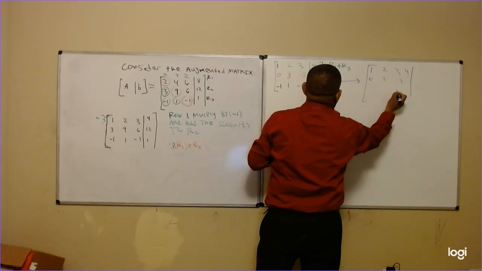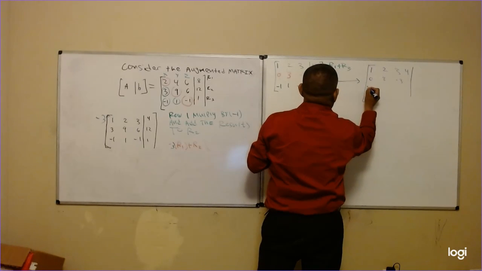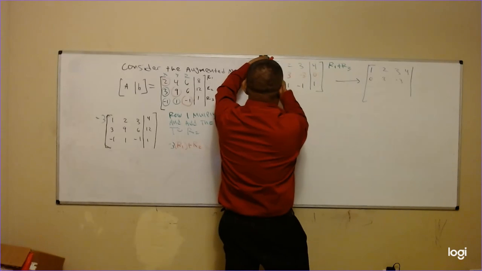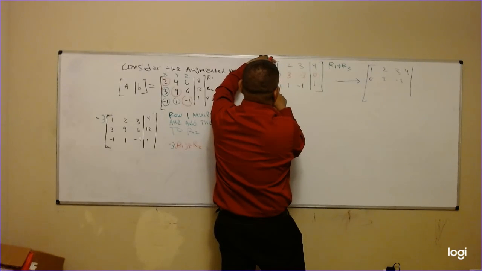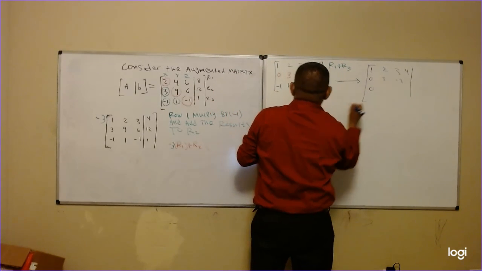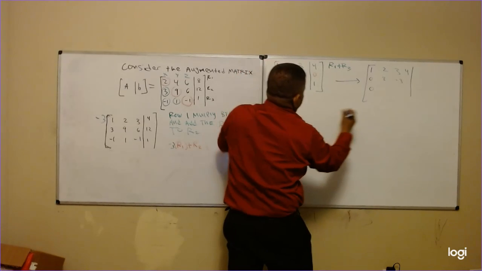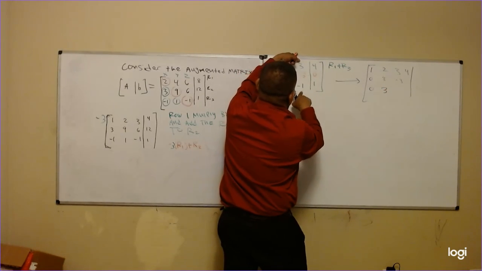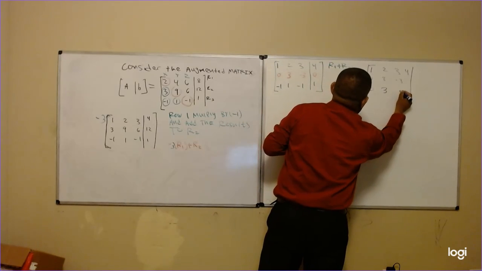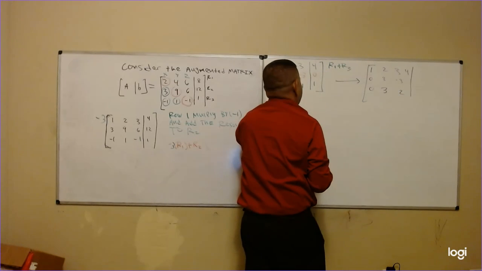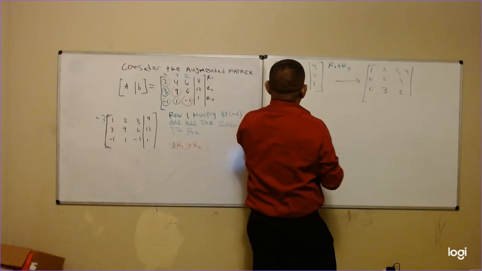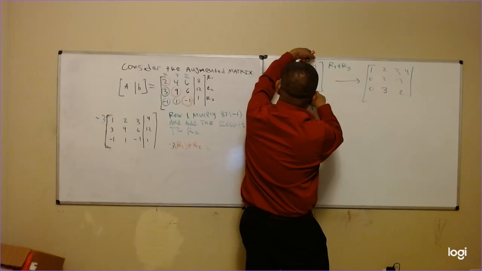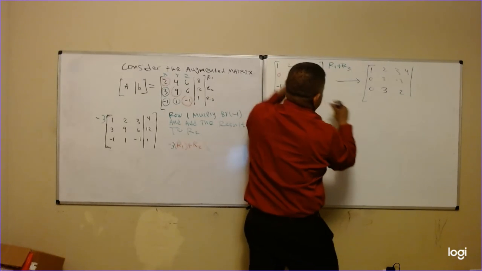negative 3, right? And then this plus this is what? 0. And this plus this is 3. And this plus this is 2. Right? And this plus this is 5, right?